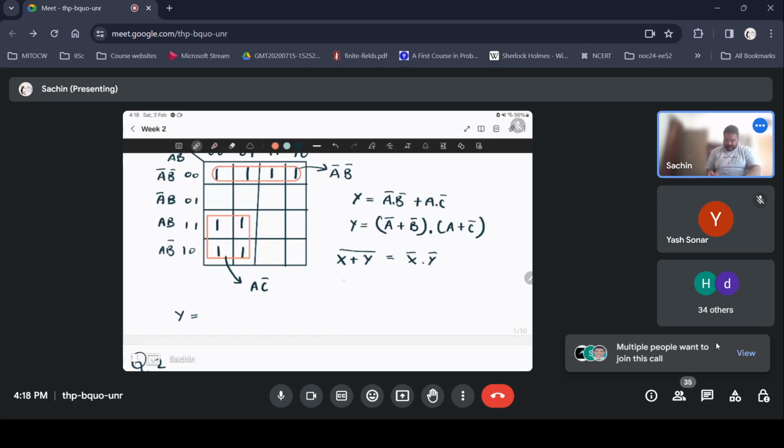So X complement plus Y complement, the whole complement will be XY. So here we take this as X and take this as Y.